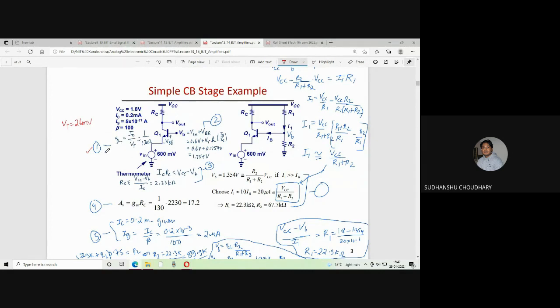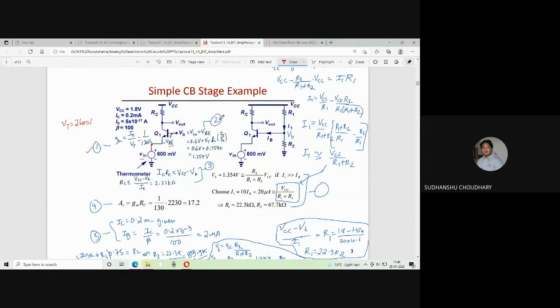Then one can write a relation between Vin and VB. One can apply KVL from Vin to VB. So VB is equal to VBE plus Vin.